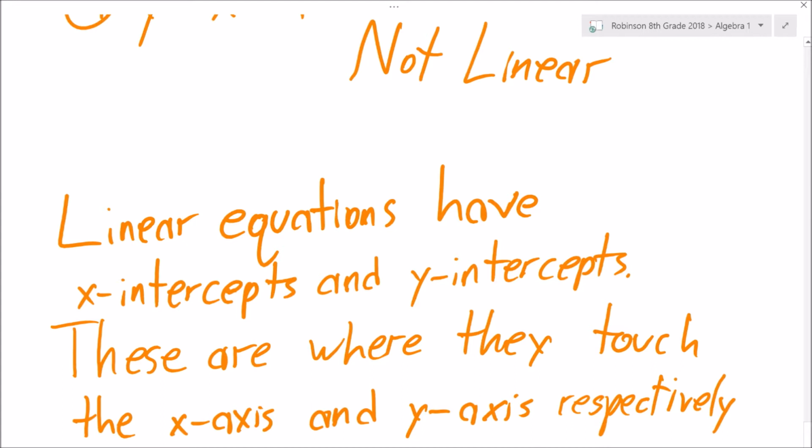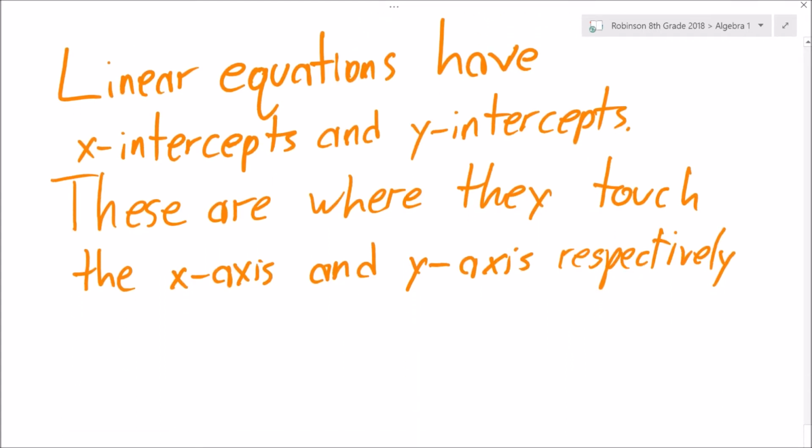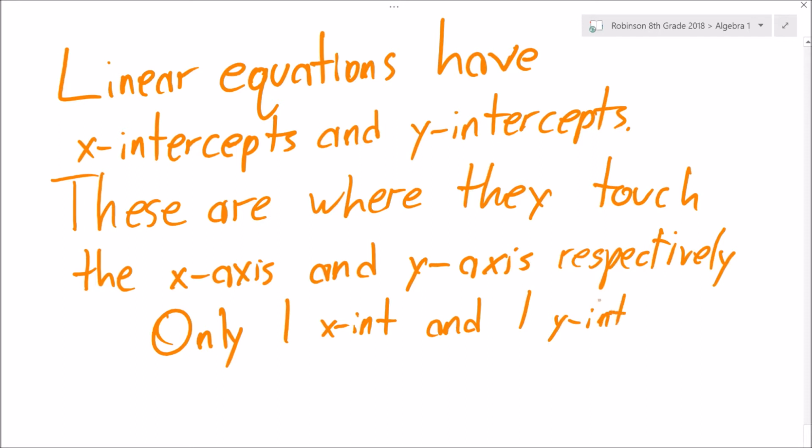Each linear equation only has one x-intercept and one y-intercept unless it is a very specific case. So let's write: only one x-intercept and one y-intercept, except special cases.